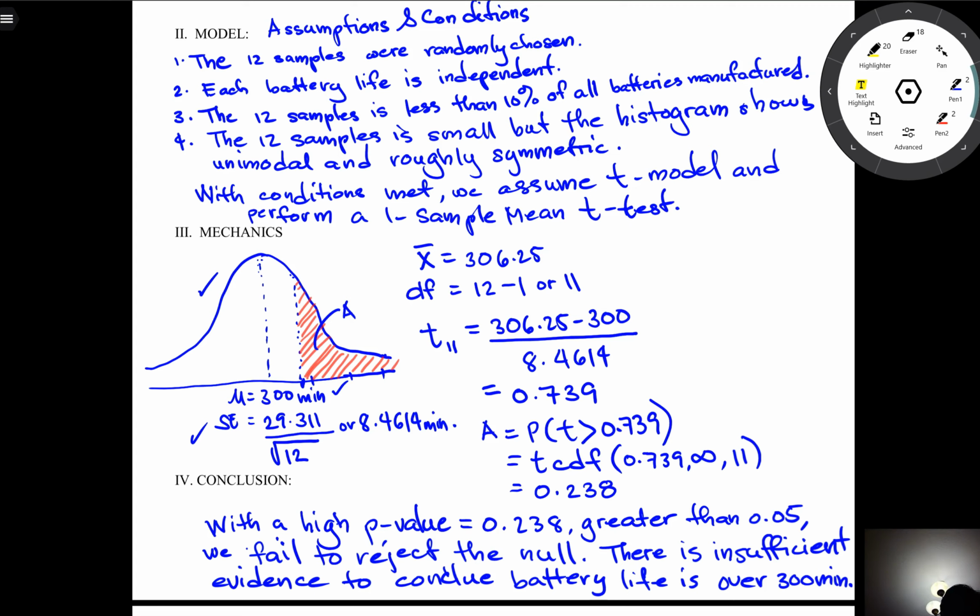With a high p-value of 0.238, greater than 0.05, remember the unusual is 5%, we fail to reject the null. There is insufficient evidence to conclude battery life is over 300 minutes. Okay, that's it.